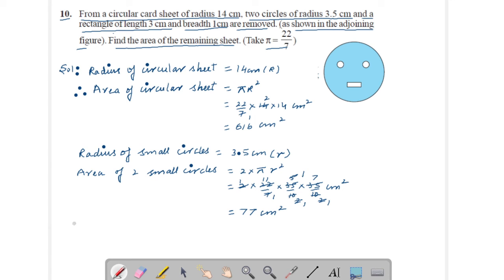Now length of rectangle, it is 3 centimeter. Breadth of rectangle equal to 1 centimeter.